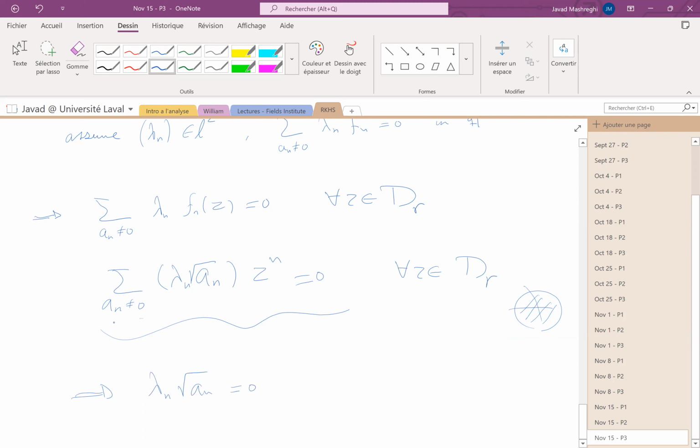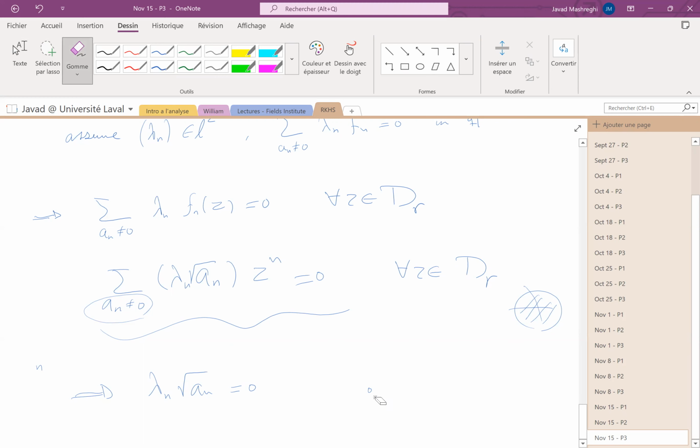If instead of an not equal to 0, I had written n from 0 to infinity from the beginning, everything was okay, and here I can say for all n bigger than or equal to 0. But I cannot conclude that the lambda n's are 0 because probably some of the an are 0.